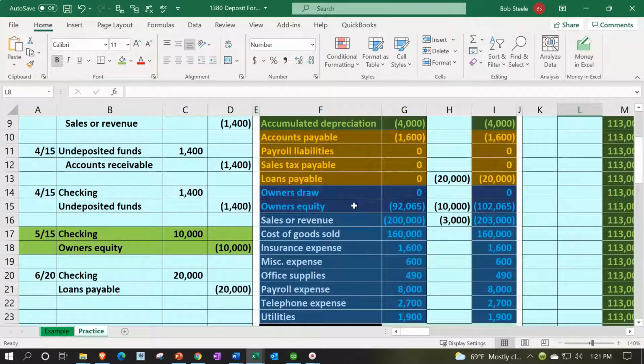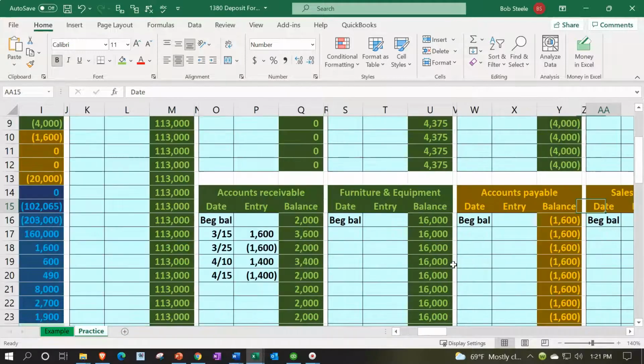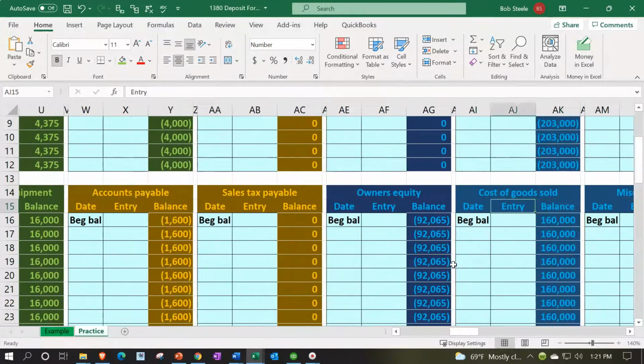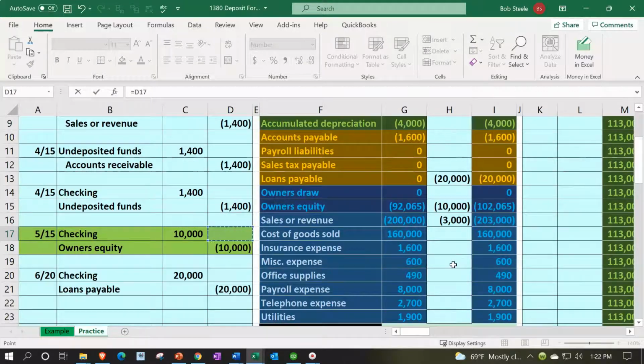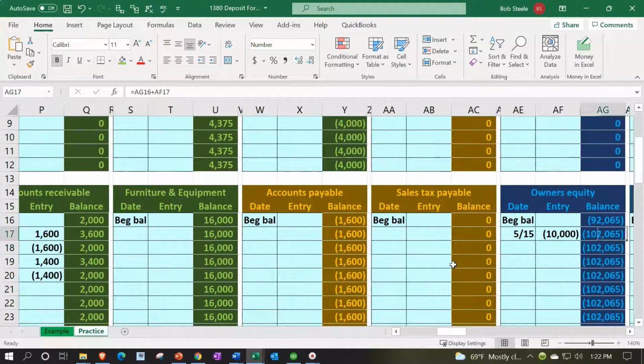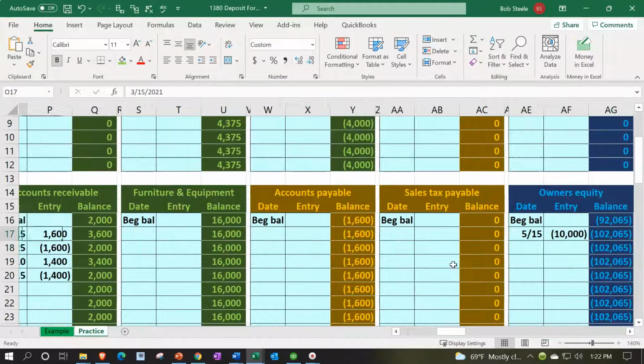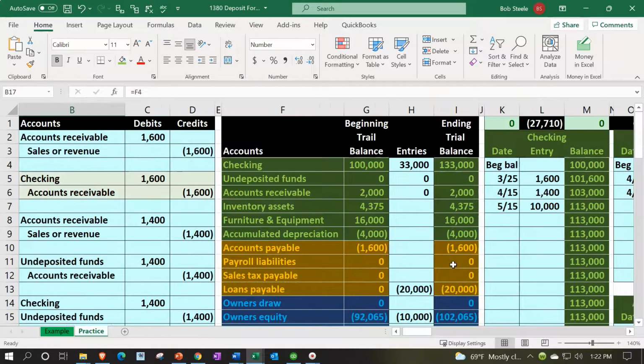And then the equity account here is going to be the first or second equity. Assets, liabilities, equity on 515 equals, scrolling all the way to the left, picking up that 10,000. There, it's at 102.65 now. So that matches out up top.